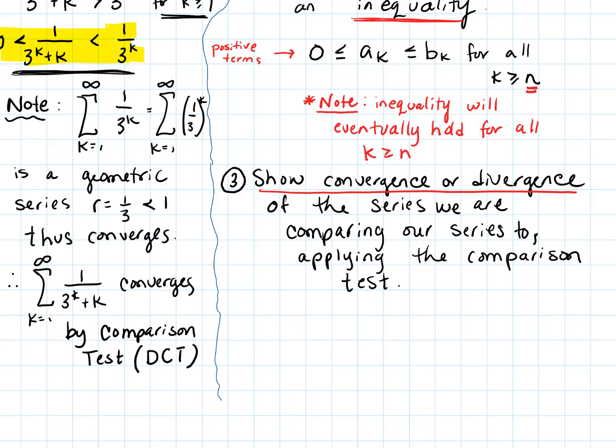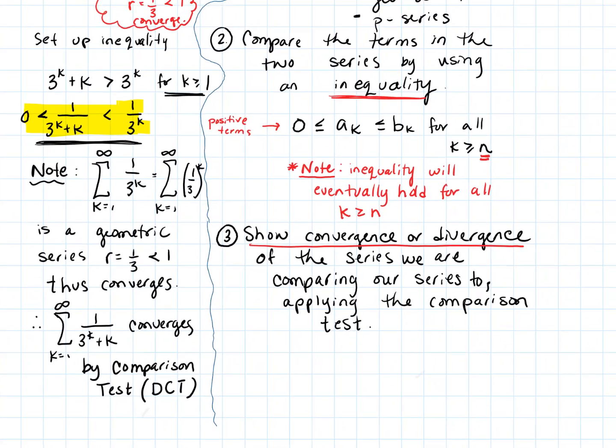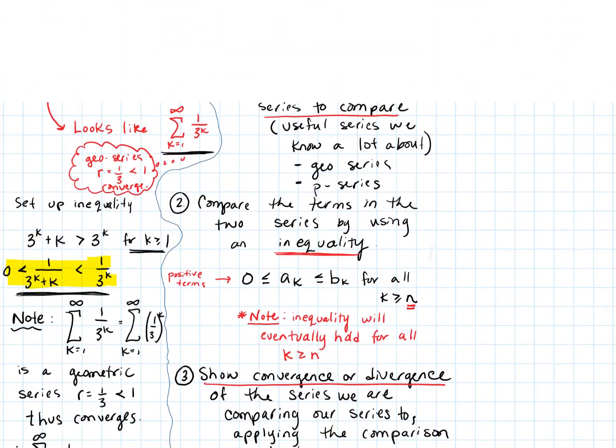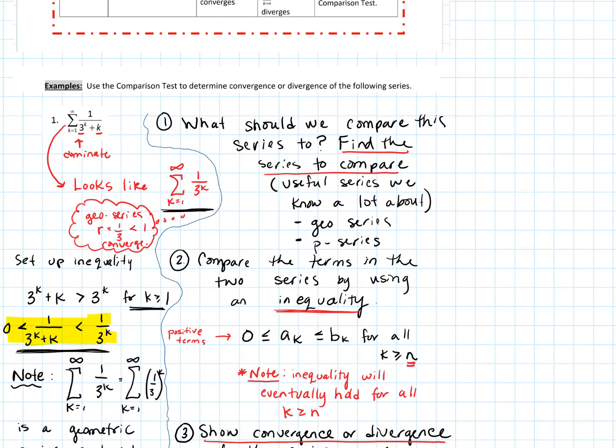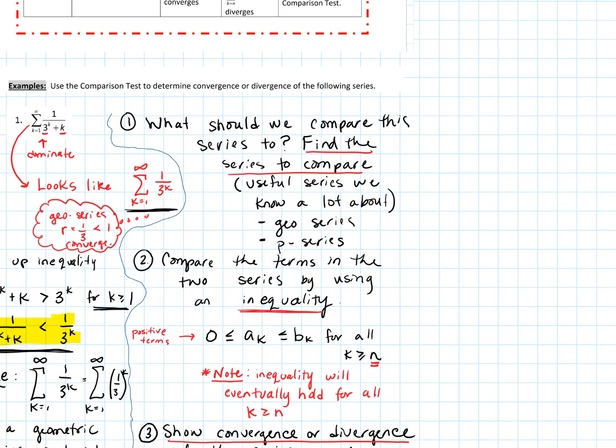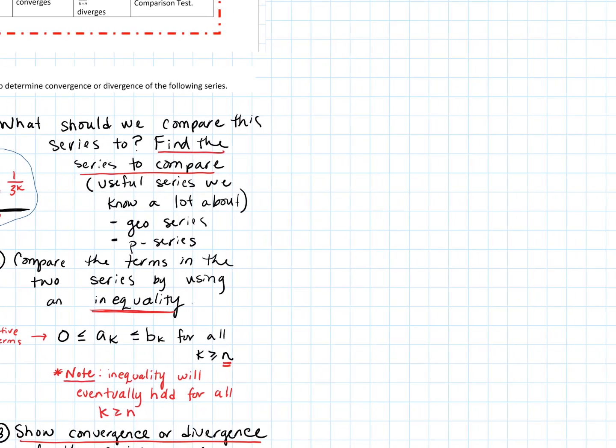I want to make one little note here. Let's just take a look at that series real quick, and then let's say, what if the series that we looked at was almost exactly the same?